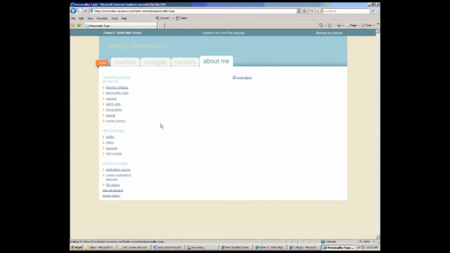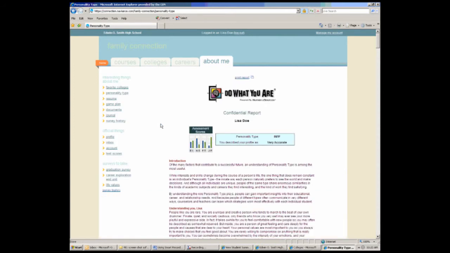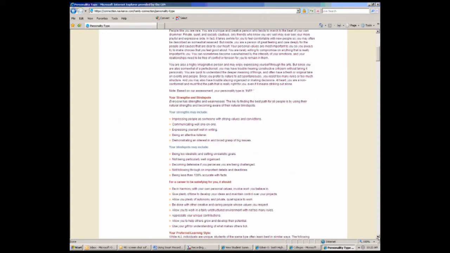And then there's another inventory that students complete called the Do What You Are inventory, which is really patterned after the Myers-Briggs Type Indicator, but it's designed for high school students. So you'll see the 4 scales used by the Myers-Briggs. The student completes the inventory and then has a chance to determine its accuracy, and in this case Lisa says it's very accurate.